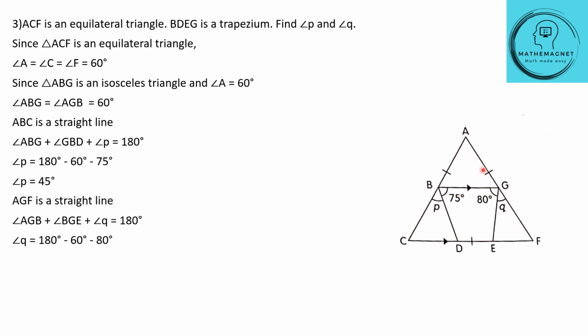We found this is 60 degrees. So 180 minus 60 minus, here it is 80, which is equal to 40 degrees. So now we found the two unknown angles. Angle P is 45 degrees and angle Q is 40 degrees. Now this question can be solved in another method also, in various other methods also. This is one of the simplest methods.